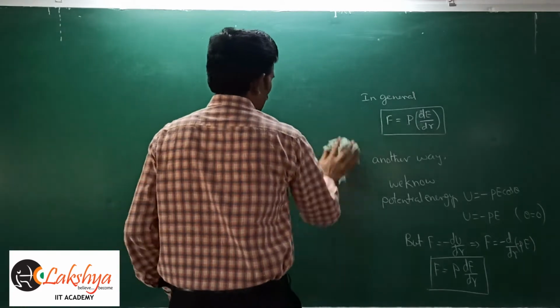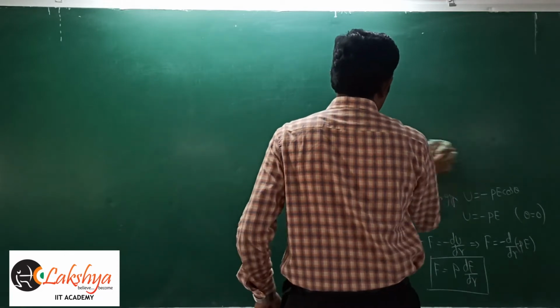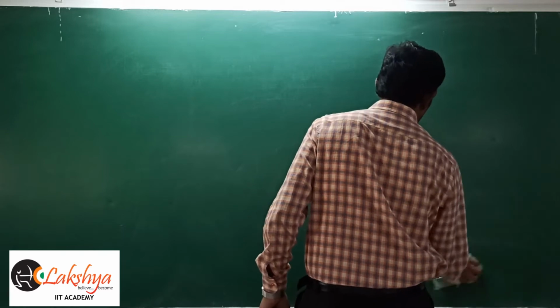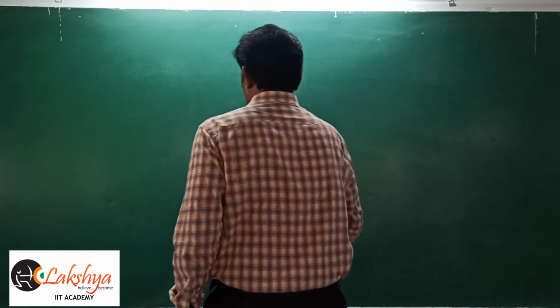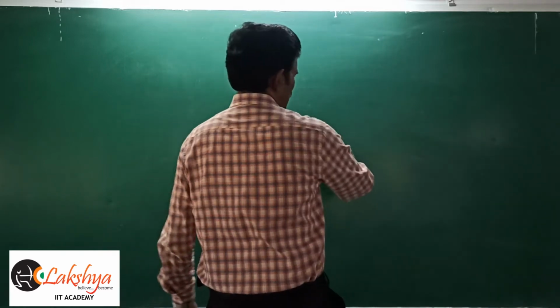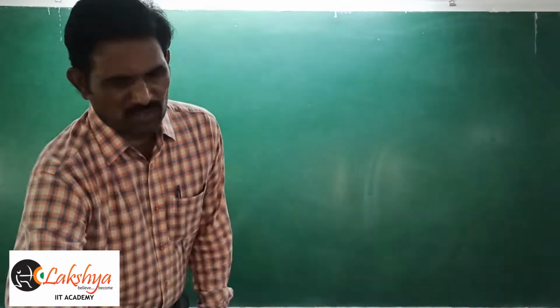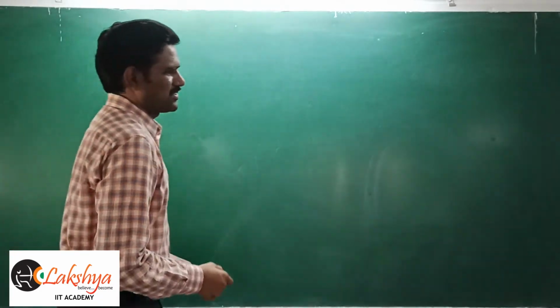So you have to remember those points. What is the force acting on the dipole when it is placed in a uniform and when it is placed in a non-uniform electric field? I think we mentioned already in the previous discussion when calculating the torque. So here also, you can write it once again as a note.